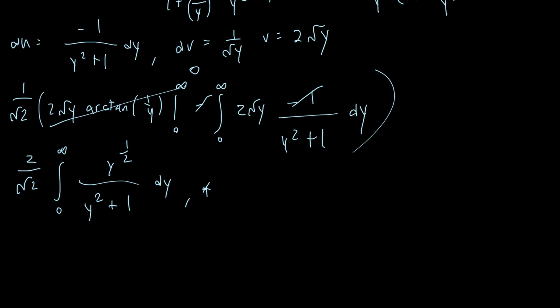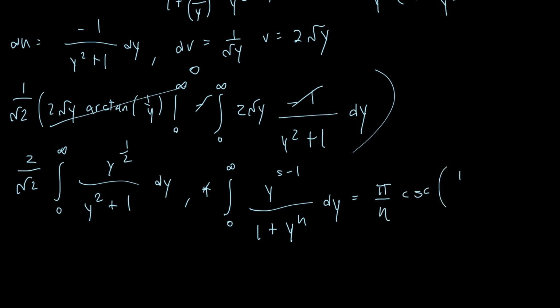That is that the integral from 0 to infinity of y raised to the s minus 1 divided by 1 plus y to the n dy is pi over n cosecant of pi s over n. So now equating the exponents, we have s minus 1 is a half and n equals 2.